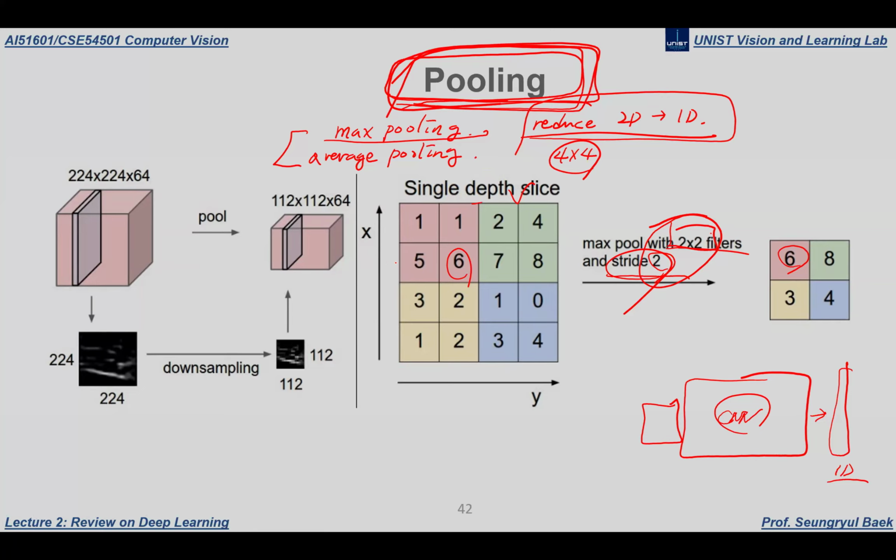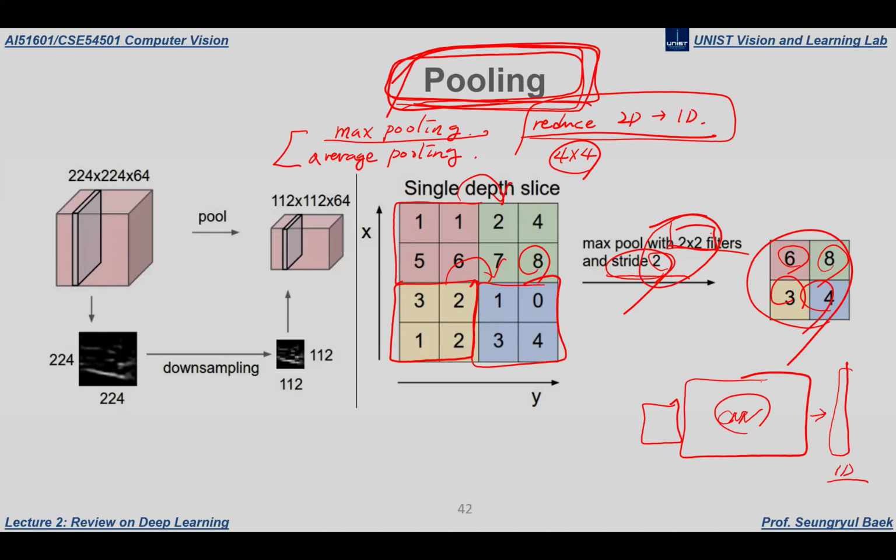And here, this 2D box is shifted by 2 pixels like this, and we choose the maximum value, which is 8, okay? And 8 is selected here. And again here, the maximum value 3 is selected. And again, the box moves 2 pixels, and 4 is chosen, okay? This is how max pooling works, okay?